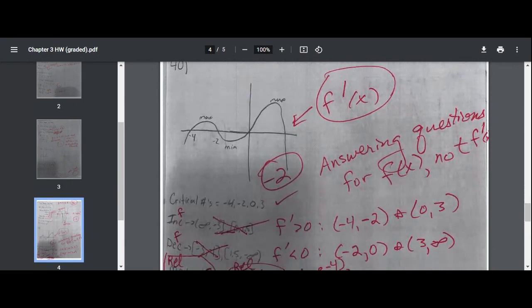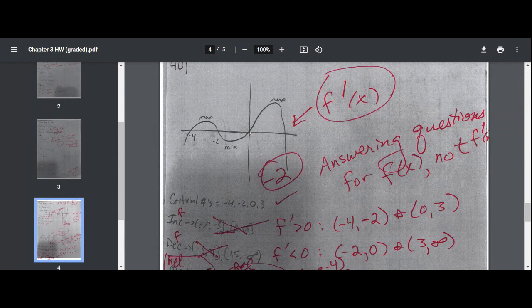And then number 40, I wanted to show you this. This is the derivative graph, not f. Oh, okay. So what does that mean? You're answering questions for f of x, not the derivative. Can you see my little white thing moving?